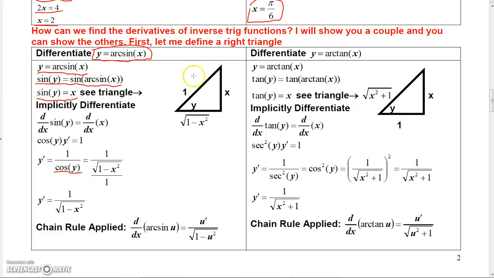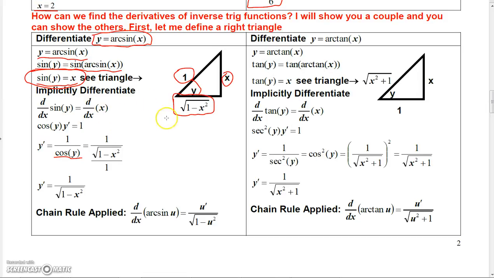Now let me show you over here the angle y. Right here we know that sine of y is equal to x over 1. And since sine is opposite over hypotenuse, we know this must be x and this must be 1. And then using the Pythagorean theorem, we can show that this side must be the square root of 1 minus x squared.